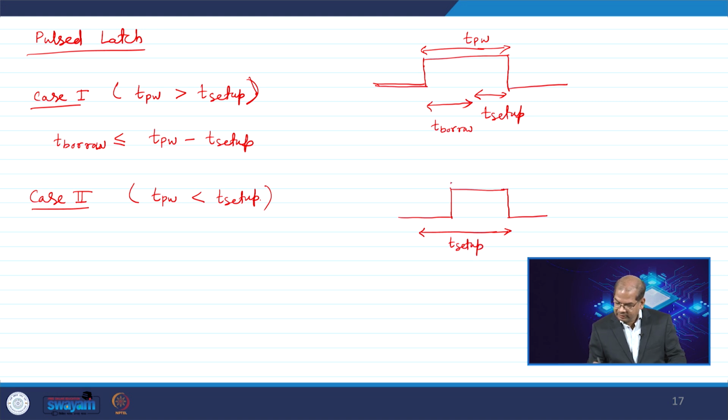Your T setup is greater than my T pulse width. In this case, no time borrowing is possible.